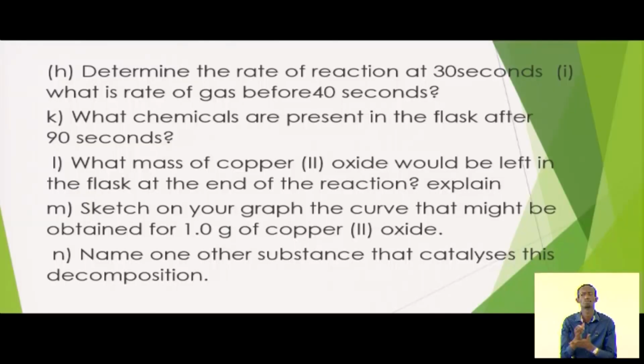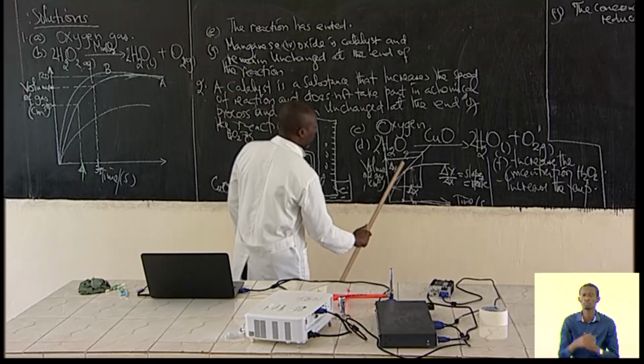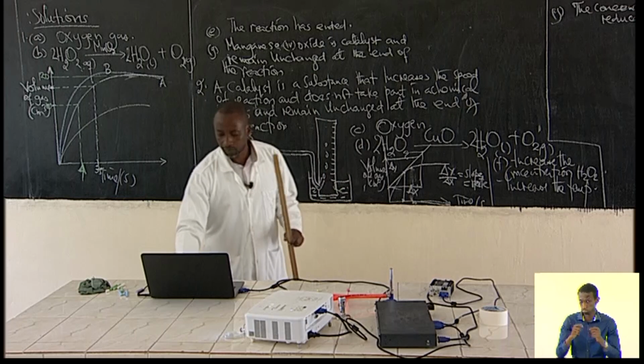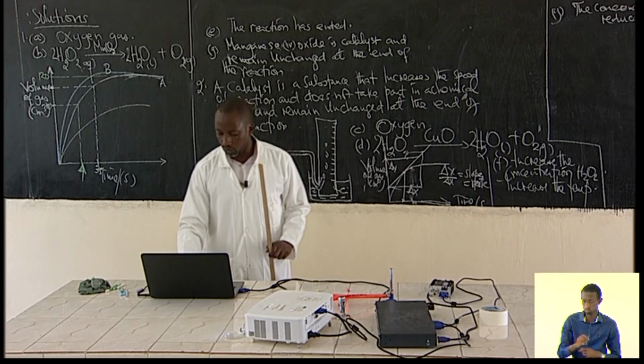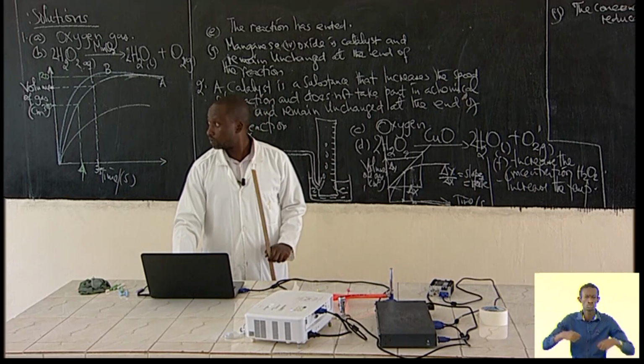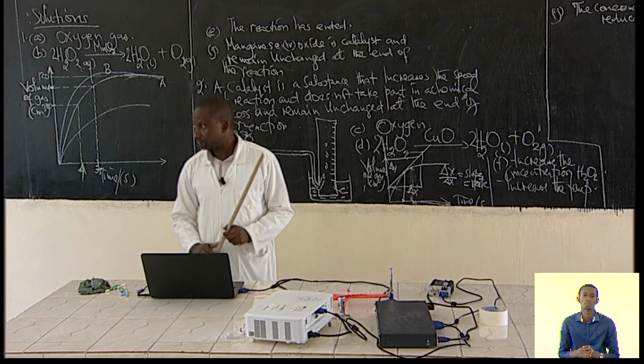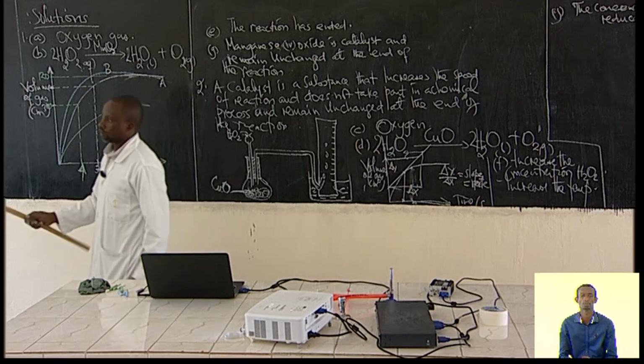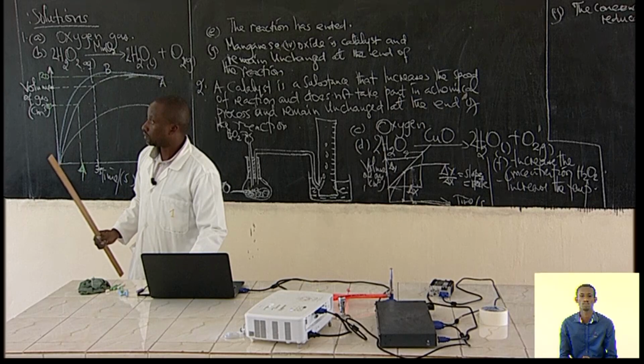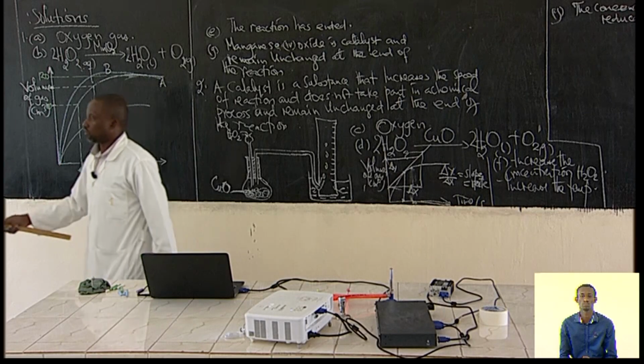What chemicals are present in the flask after 90 seconds? If you remember how the reaction graph was, these are the values.